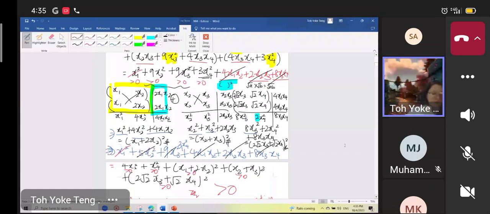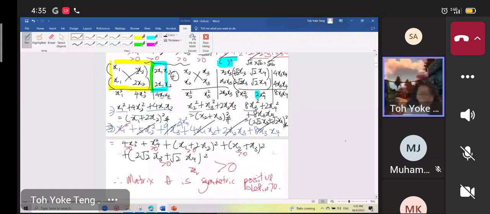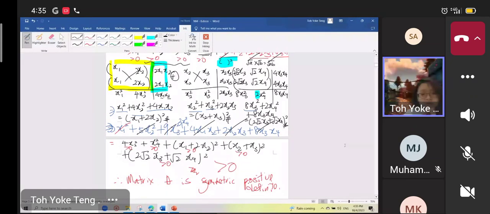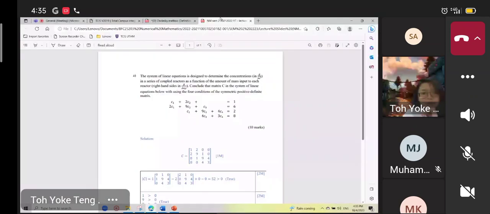Okay, and then I share with you one of the past year questions. So you just take a photo and try to do it on your own. The answer scheme is attached here already. This one is one of the past year questions, and as it refers to here, it is using the four conditions. So this one, maybe you can have a try on your own.